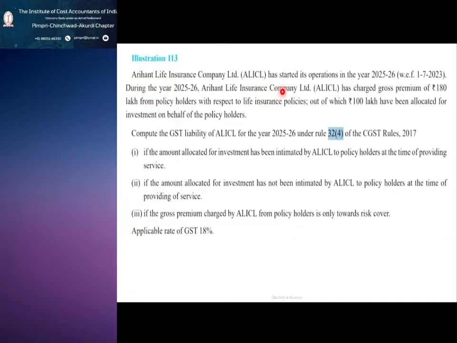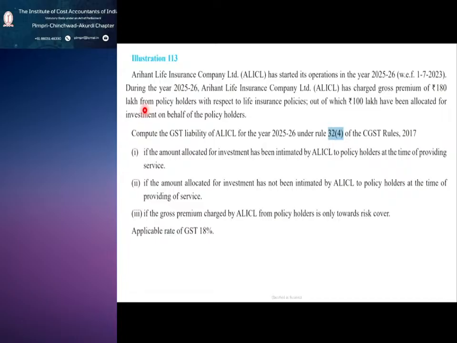This insurance company started its operation in 25-26. During the year it has charged a gross premium of 180 lakhs from the policy holders, out of which 100 lakhs is allocated for investment on behalf of the policy holders. That investment is the savings.